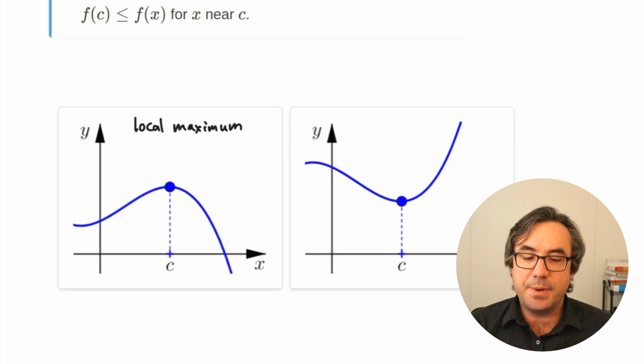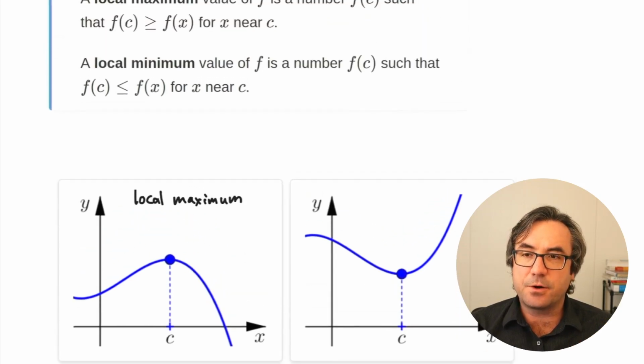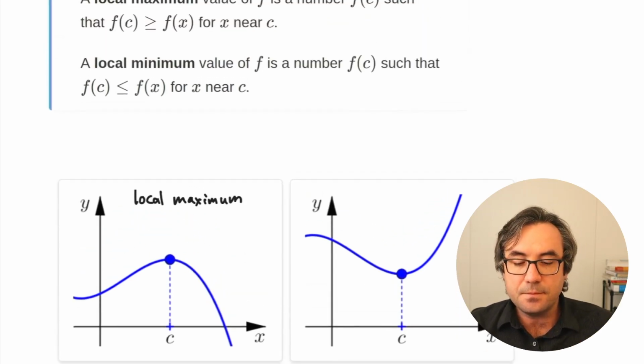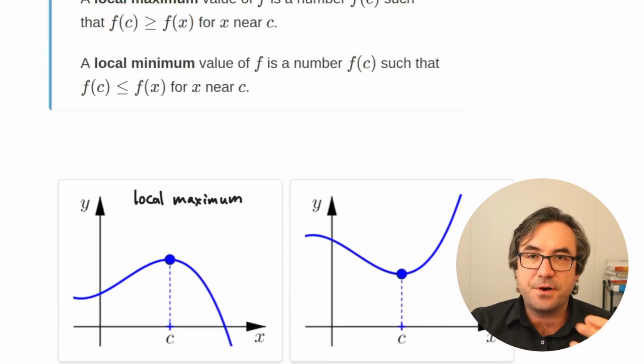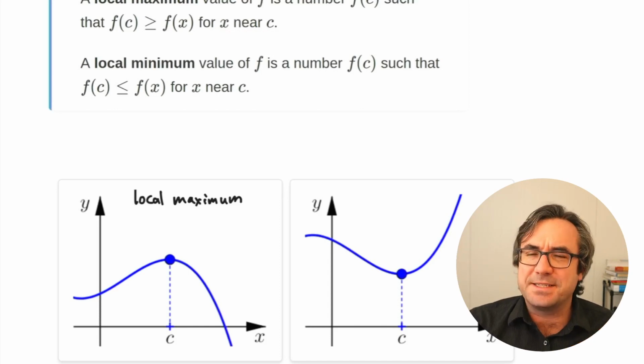And a way to picture what's going on, if we think about our inequality, is f of c, the function value at that point, has to be greater than or equal to all of the surrounding function values, just right around x equals c.